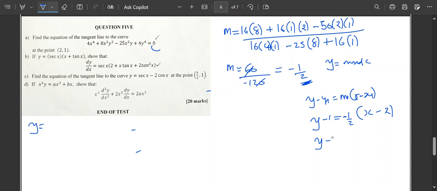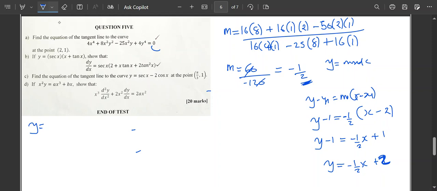That will be y minus 1 is equal to negative 1 over 2x, that will be x, then plus just 1 because 2 and 2 will cancel, right? So then this and this will give us 2. So y is equal to negative 1 over 2x plus 2. So this is the equation which was needed. That's the equation they wanted.